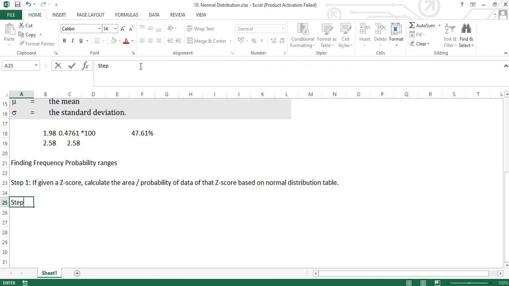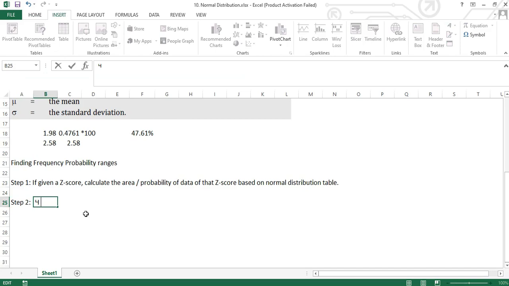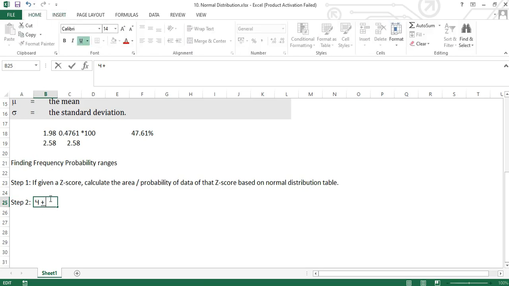And after that, mu plus or minus 2.58. Write what the range is representing.